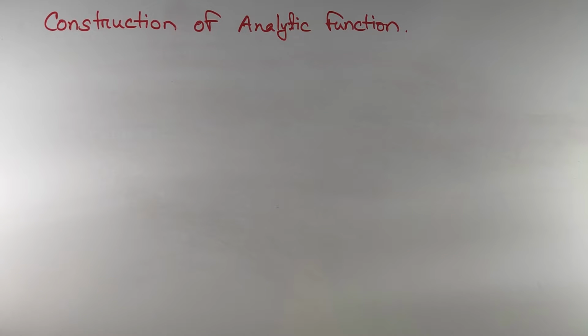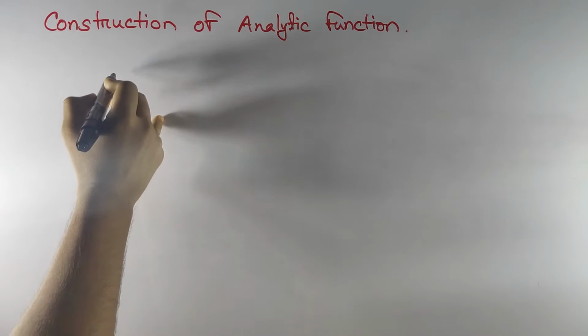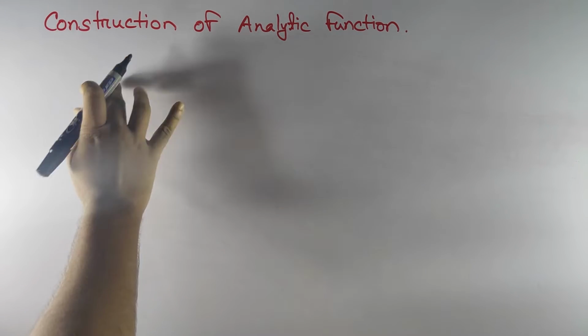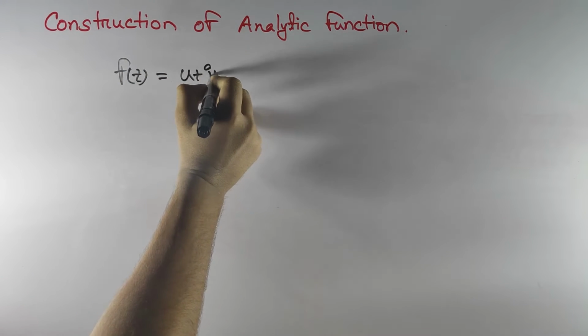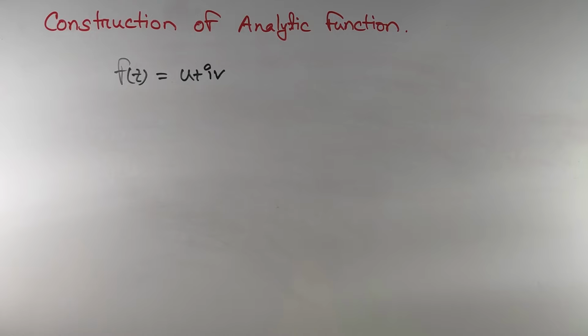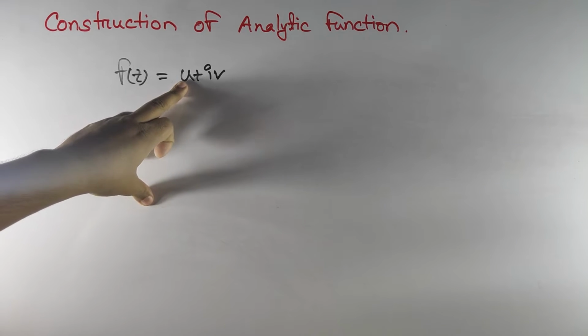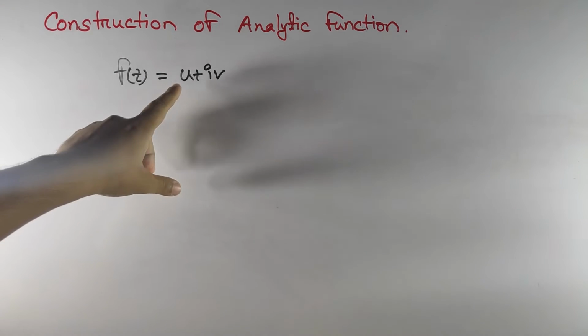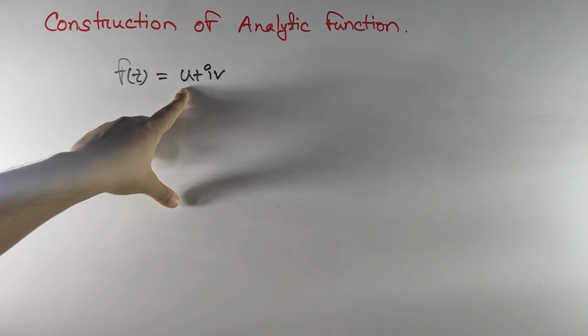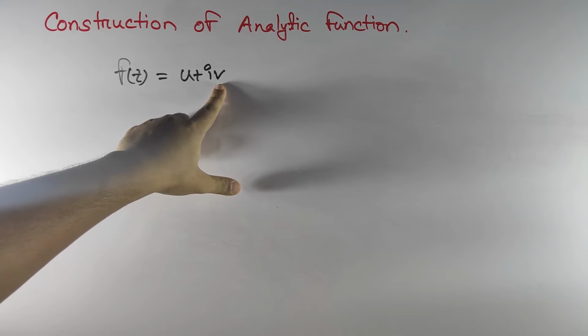Construction of an analytic function is a very important part of complex analysis. Let you be given a complex variable function f(z) equal to u plus iv, and in your exam question paper you are given u and you have to find v.